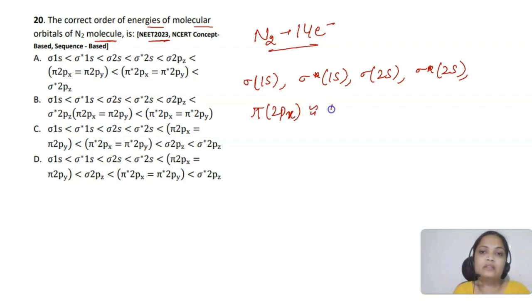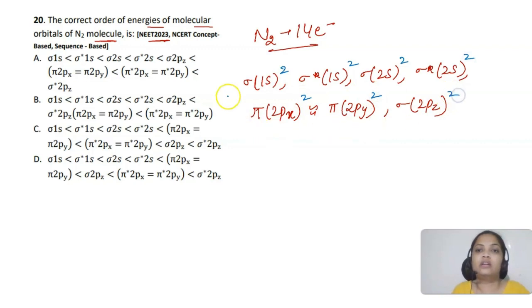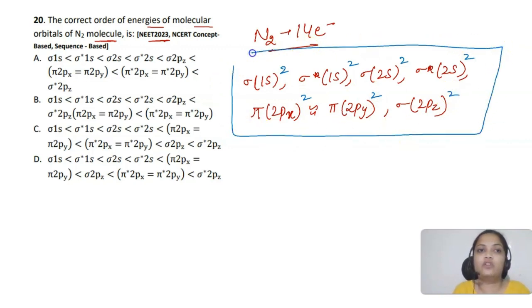Pi 2px, pi 2py, then sigma 2pz. So if I am writing 2 electrons each here, so 2, 4, 6, 8, 10, 12 and 14. Tada, this is the electronic configuration for the molecular orbital or correct energies for molecular orbital of nitrogen.